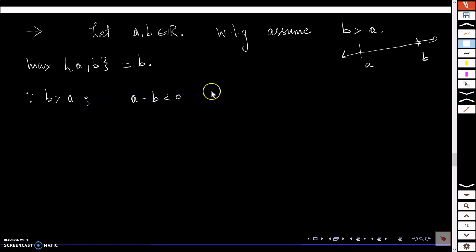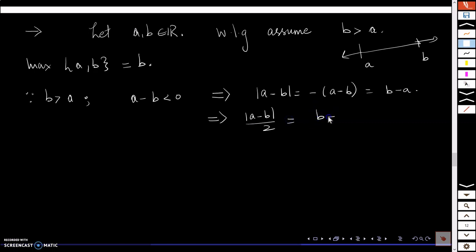And because A minus B is negative, its absolute value will be its negative, and that is nothing but B minus A, correct? So modulus of A minus B is nothing but B minus A in this case. So modulus of A minus B by 2 is going to be equal to B minus A by 2.